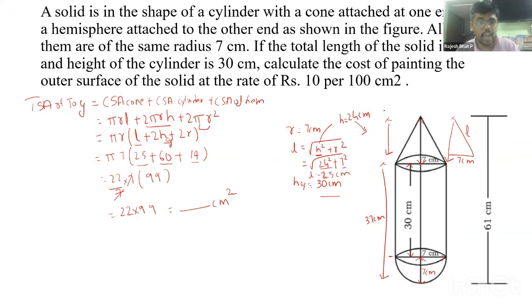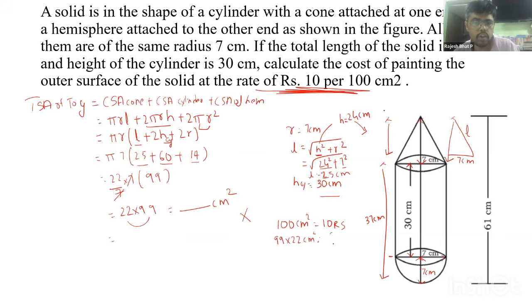What is the answer in SI unit? It is centimeter square. Is the answer over? No, everything is not finished. There is something else you need to find out: the cost of painting. They are telling that to paint 100 centimeters square, they charge 10 rupees. If you multiply, you get 22 into 99 centimeter square.